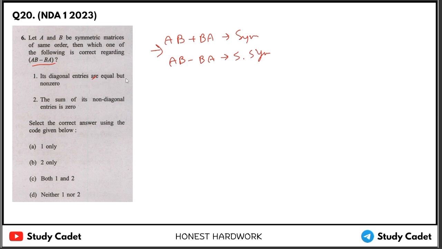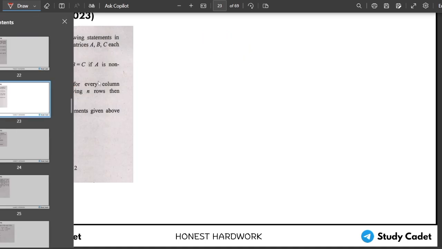Its diagonal entries are equal but non-zero? AB minus BA is skew symmetric, so its diagonal will be 0, so it is wrong. The sum of its non-diagonal entries is 0? Yes, because it is skew symmetric, so 2 only will be the correct answer.